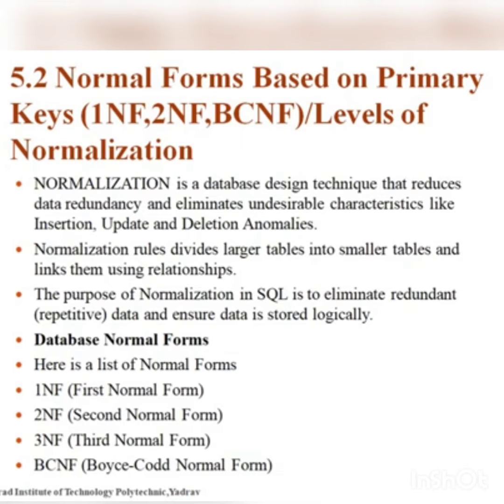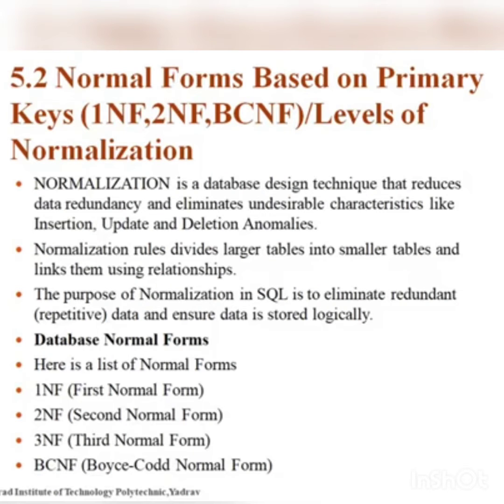The database community has developed a series of guidelines, that is rules, for ensuring that databases are normalized. These are referred to as normal forms and are numbered from 1, the lowest form of normalization, and BCNF through the next level of normalization.